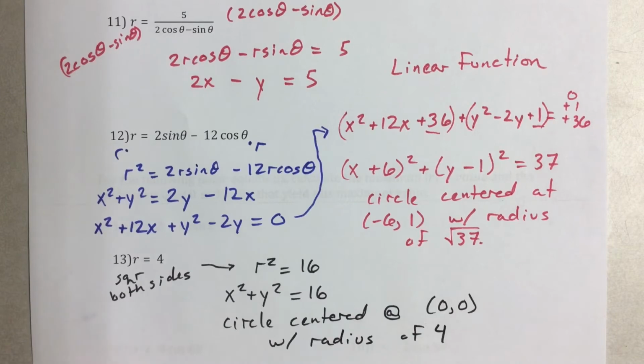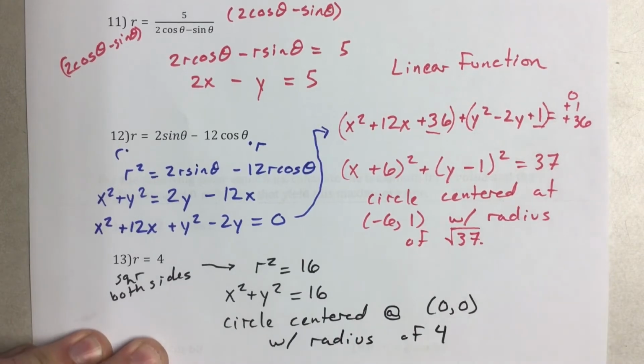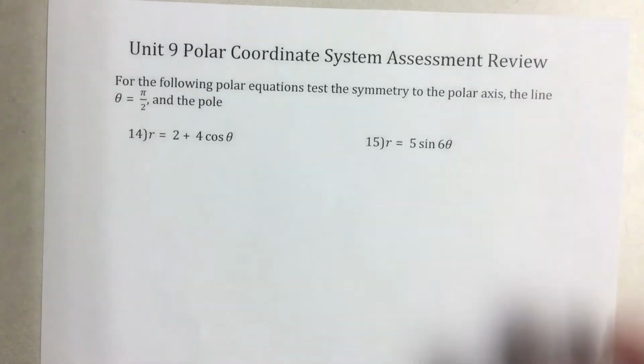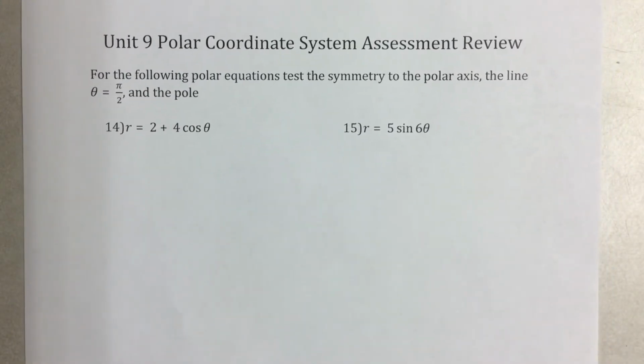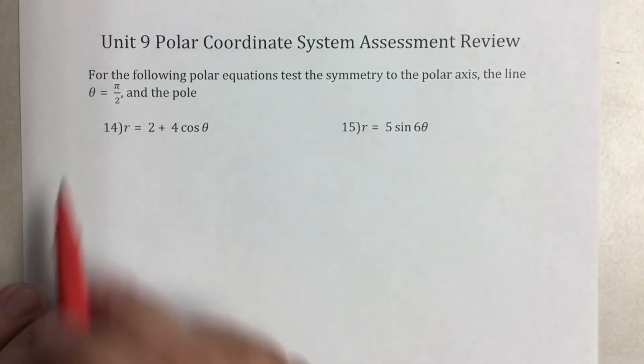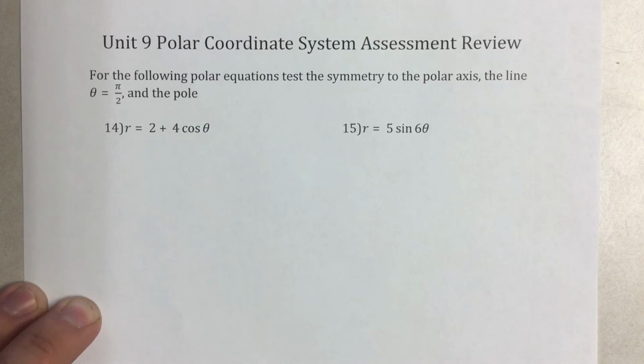Moving on. So we're looking now at ways of describing a polar curve. The first way we're seeing here is symmetry. I have two problems where we can look at the symmetry of a curve. There are 3 tests we have to apply: polar, the line pi over 2, and the pole.